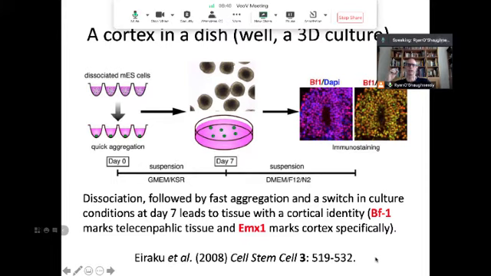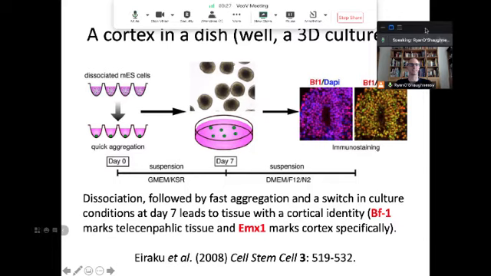And what we can do is we can actually grow part of the brain called the cerebral cortex in culture. So you can take, in this case, mouse embryonic stem cells and dissociate them, and then we can aggregate them to form embryonic bodies. These grow in culture, and then you can switch the culture conditions on day 7, and these culture conditions select for the formation of the brain.